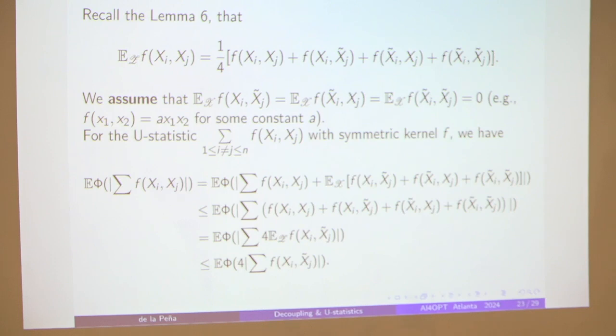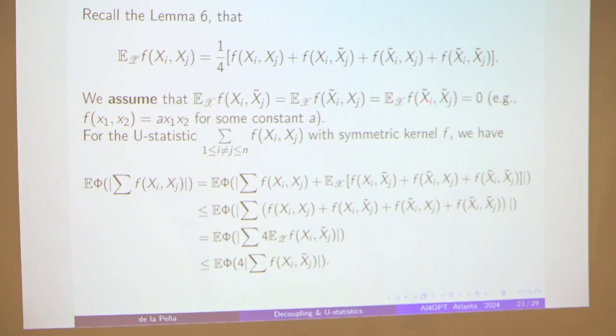Now, by the lemma that we just proved, this expectation is equal to this. If we assume that the expectations are 0, we could also have it for f sub ij, so any function.